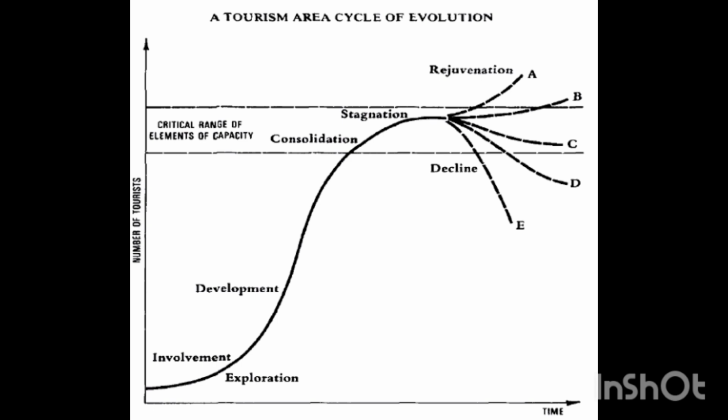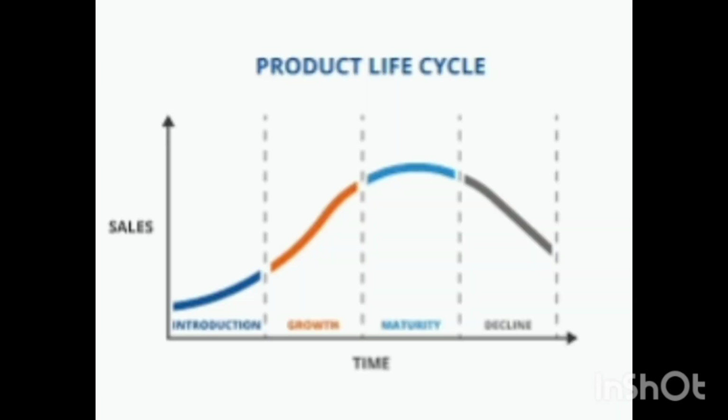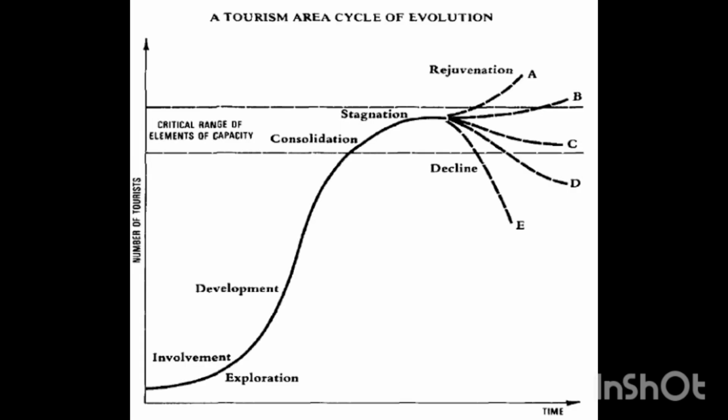This model was developed by Richard Butler, and he got this inspiration where he has taken the same steps from the product life cycle model, which is available in business studies or management.